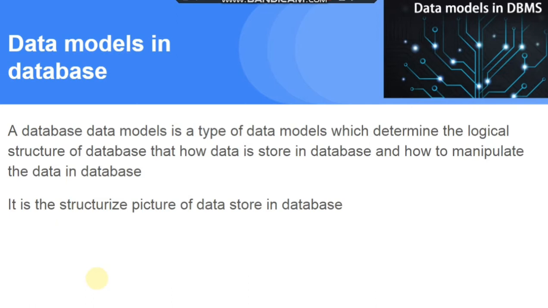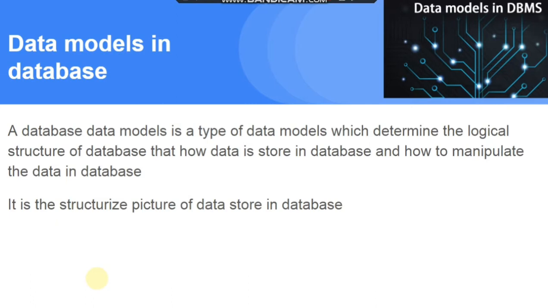The biggest advantage of a data model in the database is that it tells us how the data is stored, and how the data has relationships between the different parts of the database. With the help of a data model we can easily determine the internal structure of the data stored in the database, how the data can be manipulated and different operations can be performed.